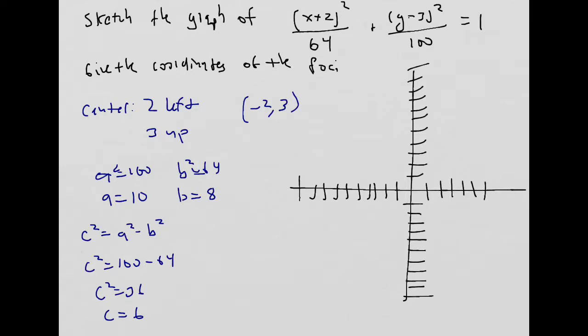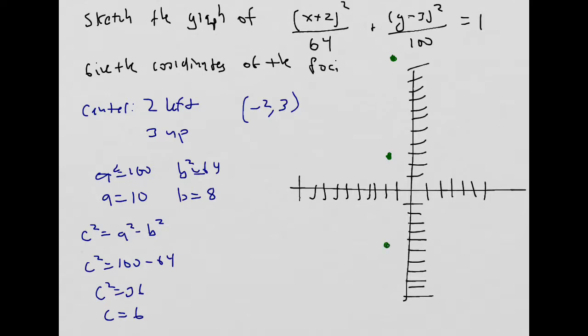The center in this case is going to be at (−2, 3). So there's going to be our center. We also know that a is equal to 10, and we should move 10 units up and 10 units down.